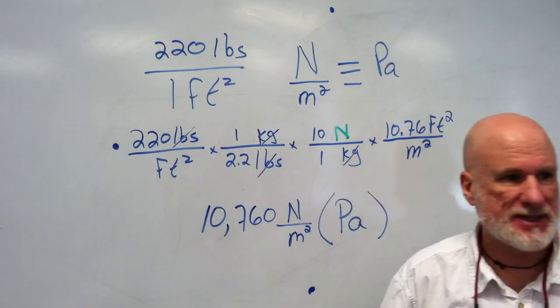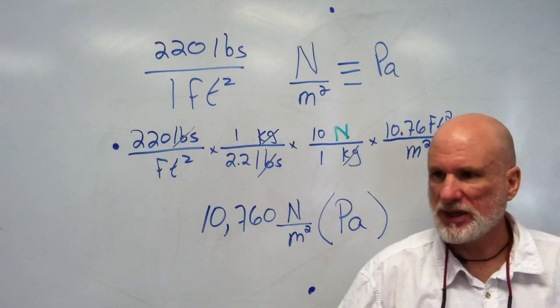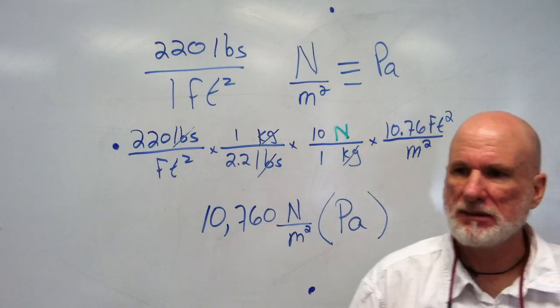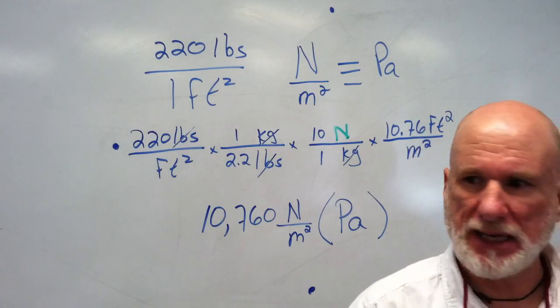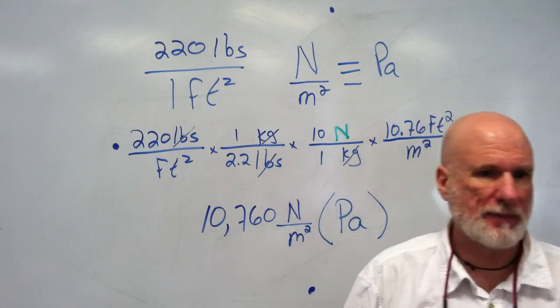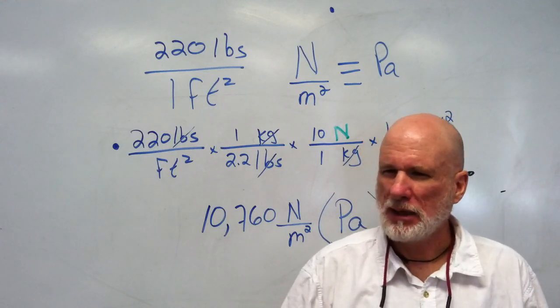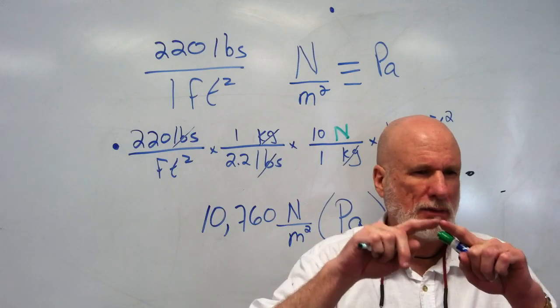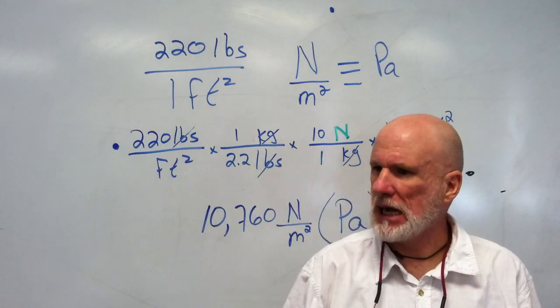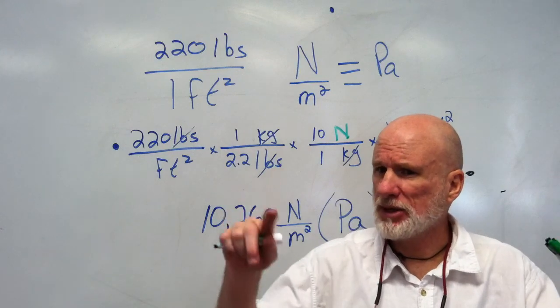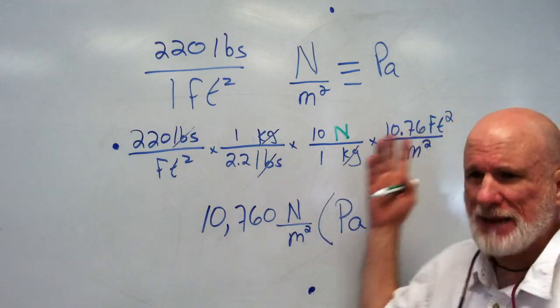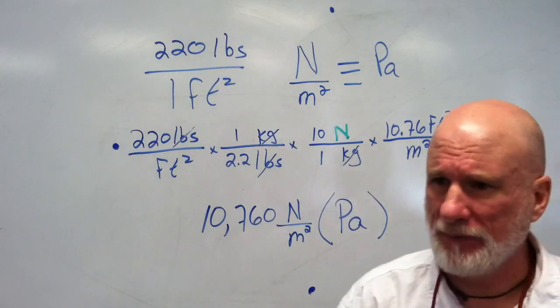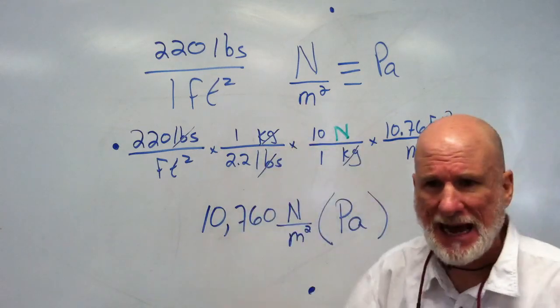There's 10.76, we can say 11, but 10.76, correct? 10.76 square feet in a square meter. Does that make sense? Right? Like a yard is 3 feet, right? A little bit less than a meter. So 3 feet by 3 feet is 9 square feet. Meter's a little longer, so that would be a little larger. So that makes sense. Does that make sense to everybody? Yeah? Okay.